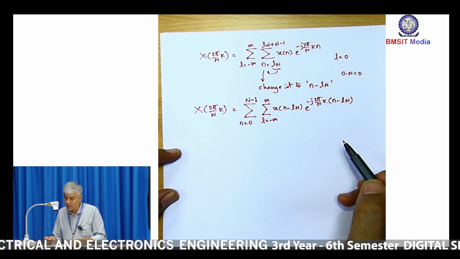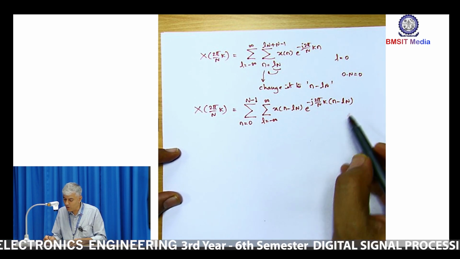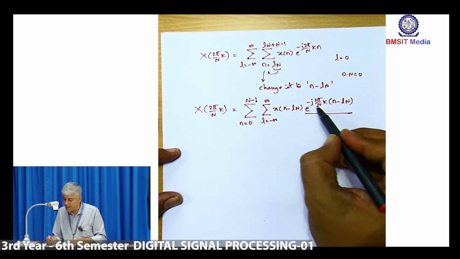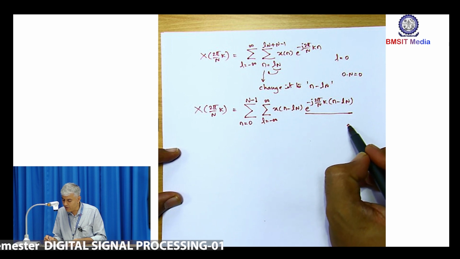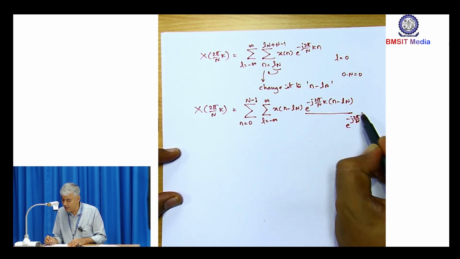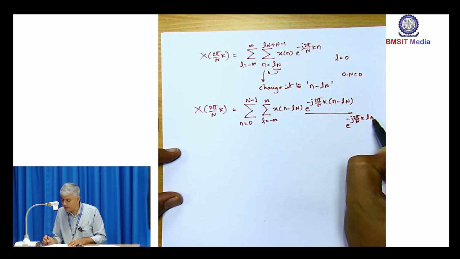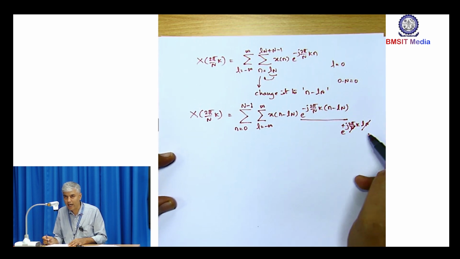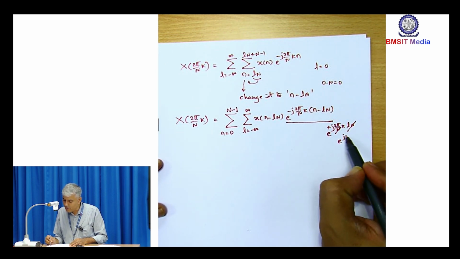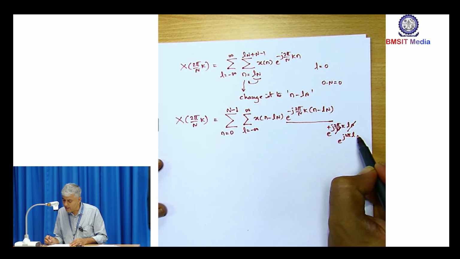This is the change. Now keenly you can also observe that this particular representation has a term which, when expanded, gives you e raised to minus j 2 pi by N k into lN, right. So you can cancel that minus and minus. So what happens is the N in both the numerator and denominator gets cancelled, and we get e raised to j 2 pi l k.